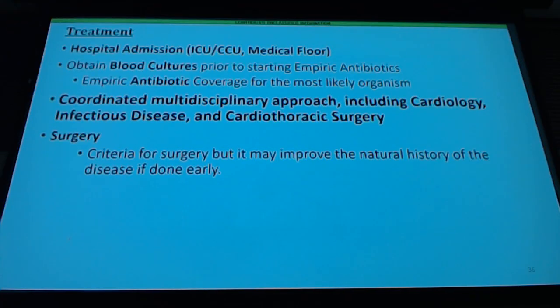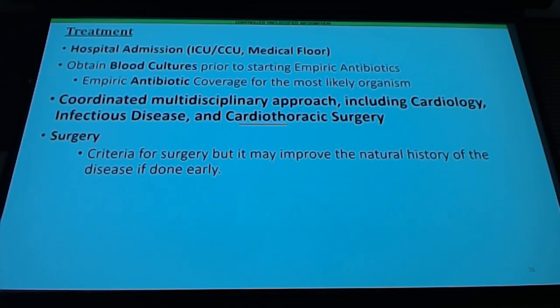So things like infectious disease, because they're going to help you with the antibiotic regimen for this patient. Cardiology, so they're going to be doing the echoes, but they also are going to be monitoring the function of the heart. Is this condition affecting the heart function to the point where maybe we need to add some additional medications to treat heart failure?